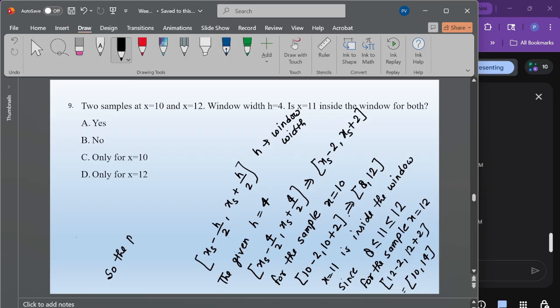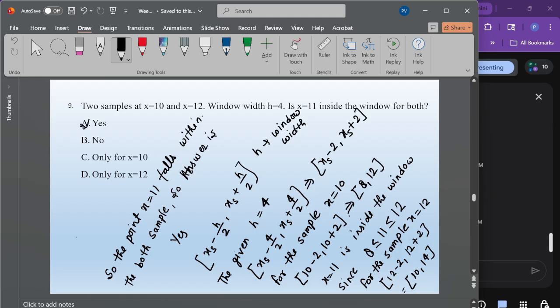So the point x is equal to 11 falls within both samples. So the answer is yes, that is option A. Option A is the correct answer for this question.